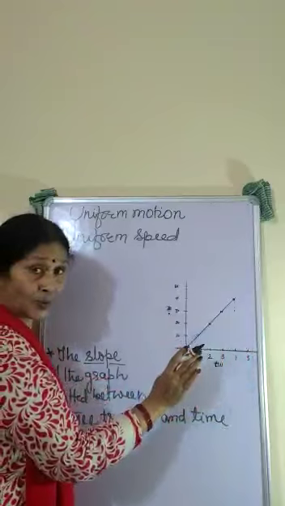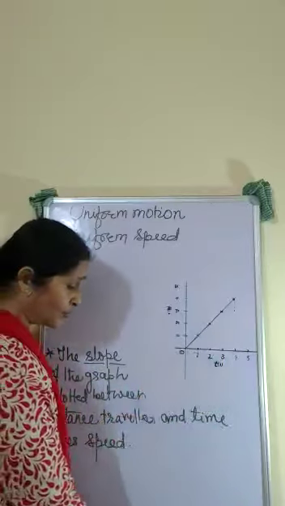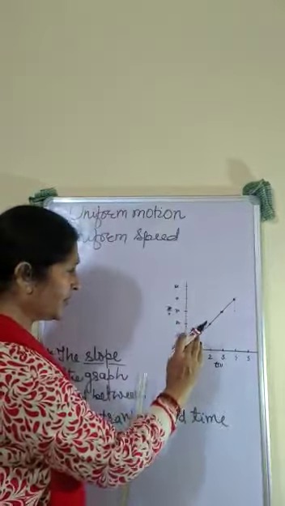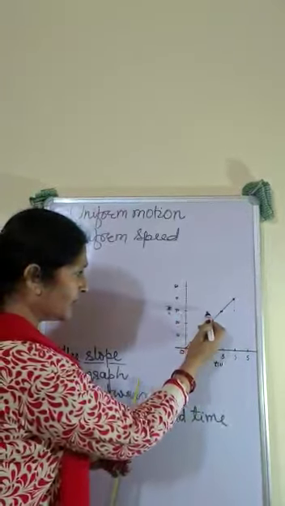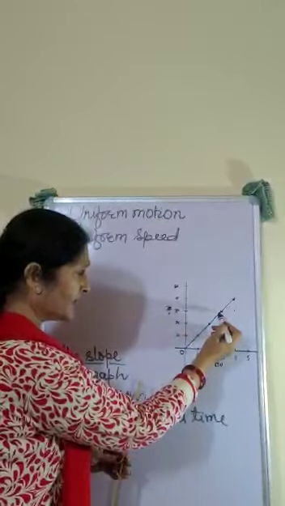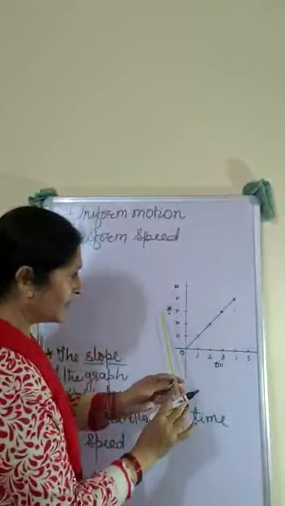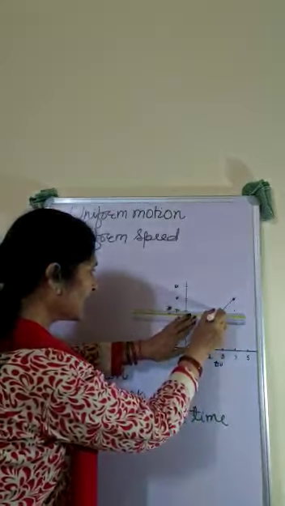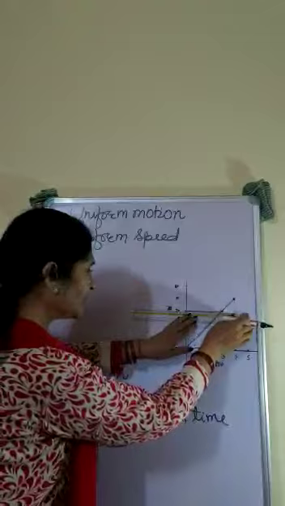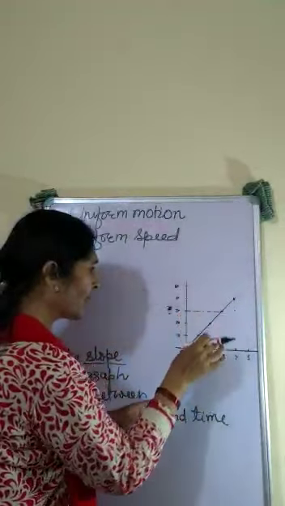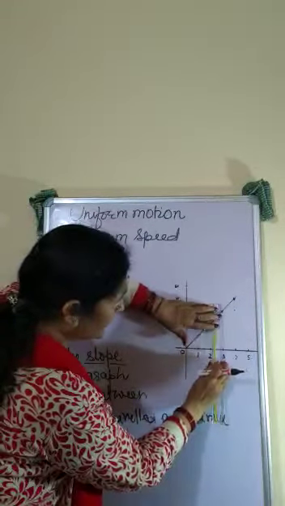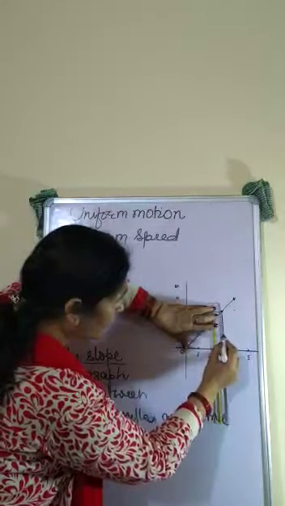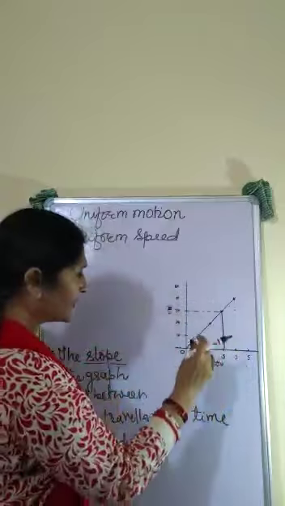For the slope of the graph, we have to draw a perpendicular at any point. Means at the time of distance travelled 30 meter, when we draw this 30 meter in this way, and we match this side, this will match to 3 seconds.